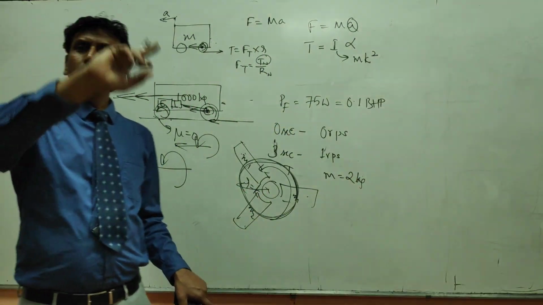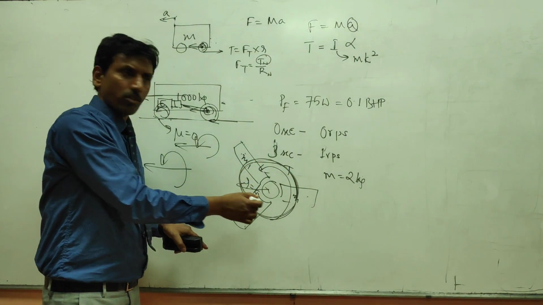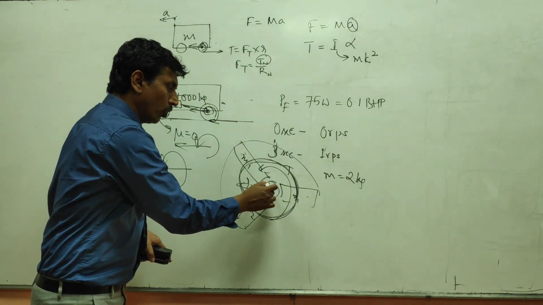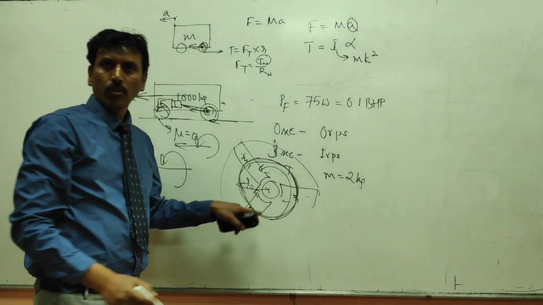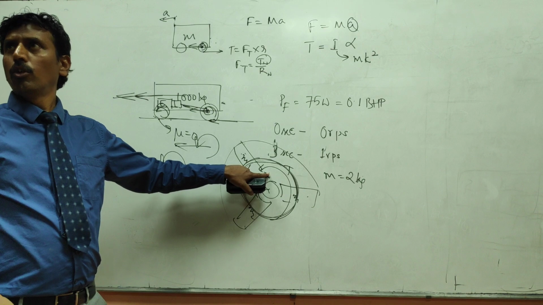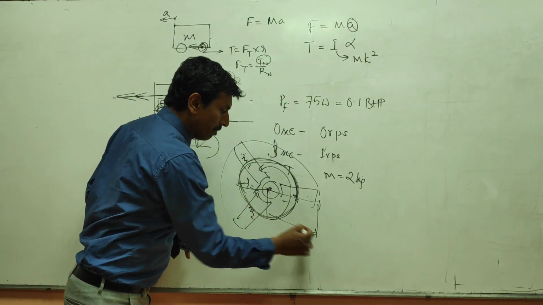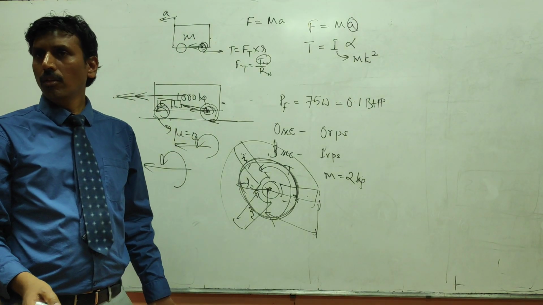Now what do you think is the radius of gyration? In this span, you need to put all this mass not at the periphery, not at the center, but somewhere here. So it is not even half, it is slightly less than half. What do you think is the distance from the center to the periphery of the blade? 50 cm?